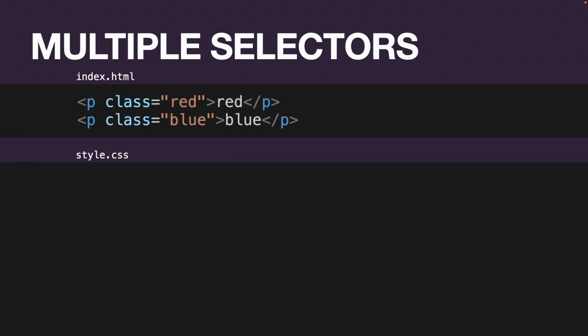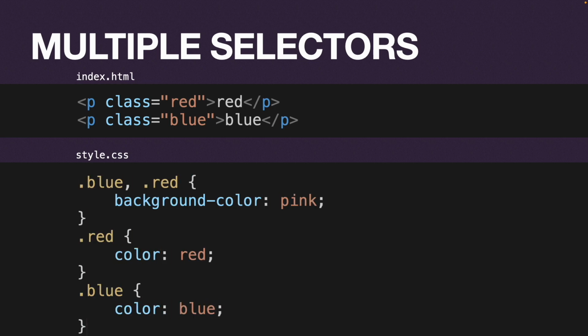In this example, we have 2 paragraphs that have two different classes. And we want to hit both of them. So if it's red, we want to set the color to red. If it has the class blue, we want to set the color to blue. But they're both going to have one thing in common. They're both going to have the background color be pink. So the way that we set that up, instead of writing it twice, we just say that if the class is blue or red, then the background color is going to be pink.